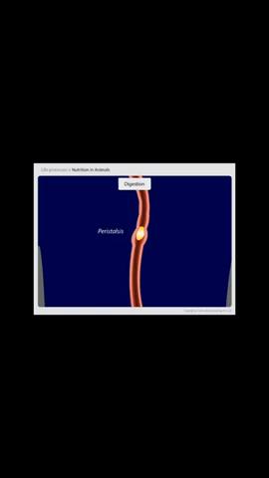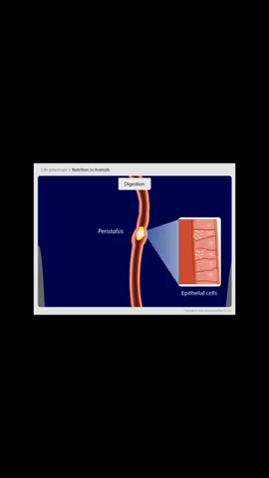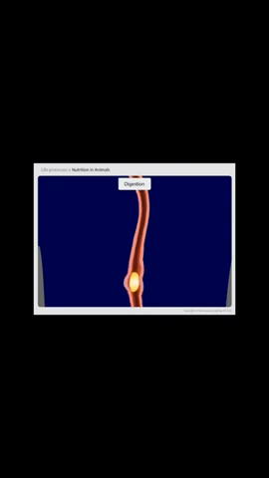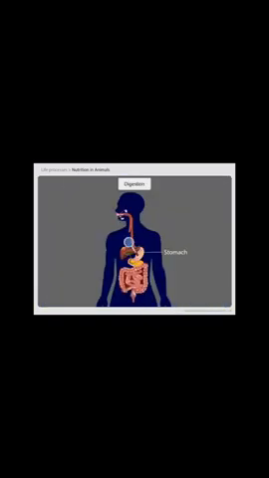Peristalsis occurs all along the gut. The epithelial cells of esophagus also secrete mucus which lubricates the food. This also helps in moving the food forward. The peristaltic movement of esophagus pushes the food into the stomach.